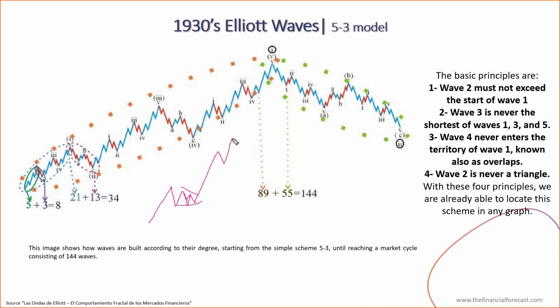This can never happen. So this is not 1 and this is not 2, because 2 in this case has the shape of a triangle. So this is not valid. It's important to know all these rules. If we can manage these rules properly, then it will be easier for us to identify waves and even simple patterns.